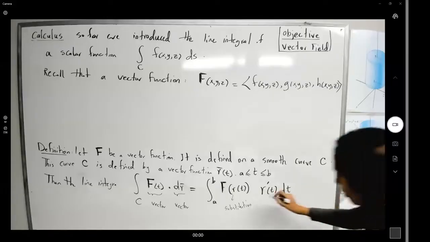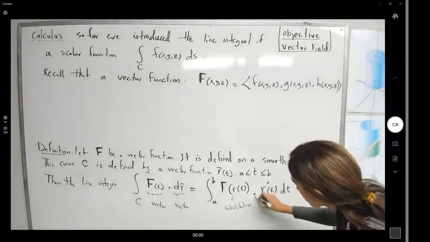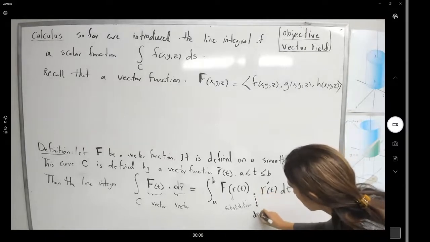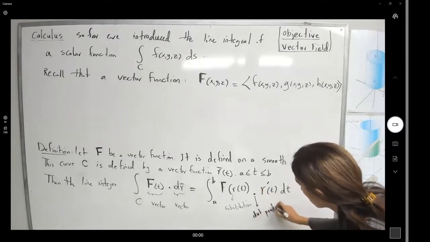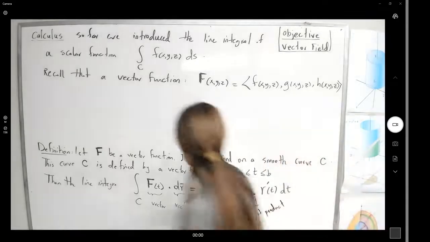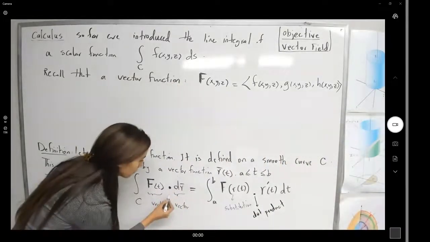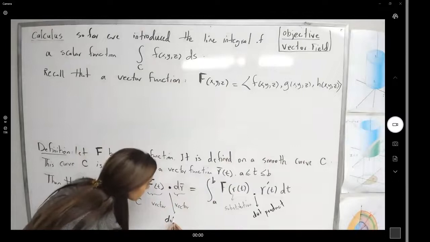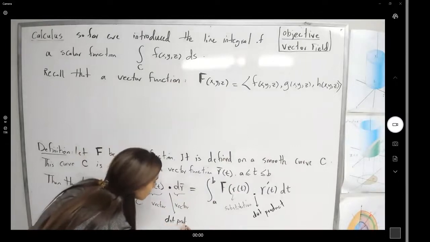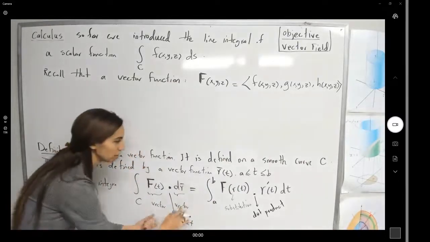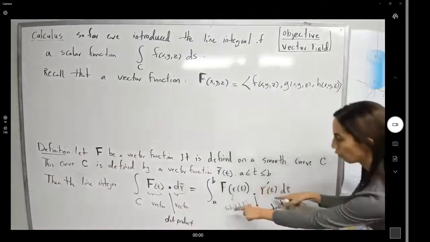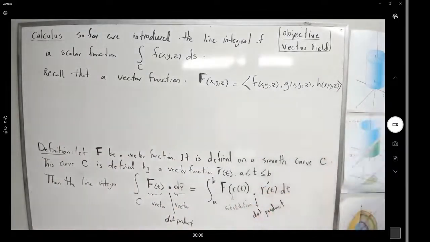So there is another dot here. Let me just specify this: dot product. We have two vectors, and we take the dot product between them.